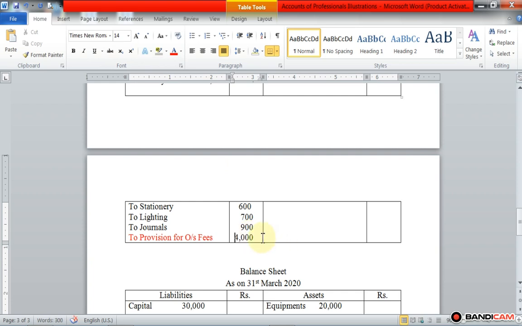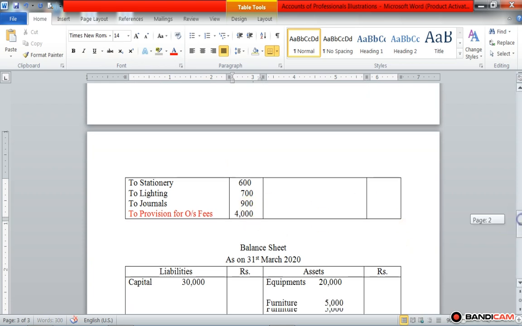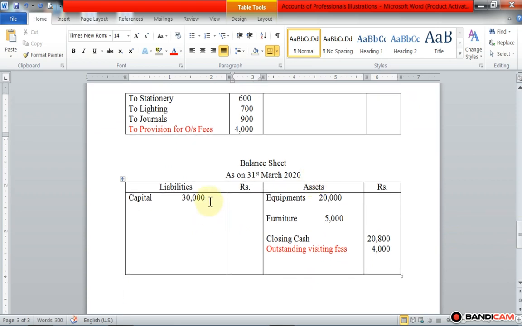and the fourth effect on the balance sheet liability side. So here leave a line below the capital, and write down the provision for outstanding fees.